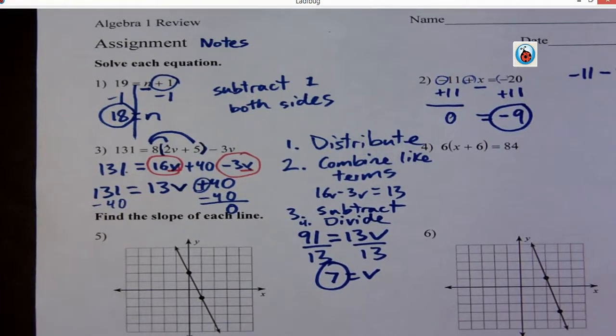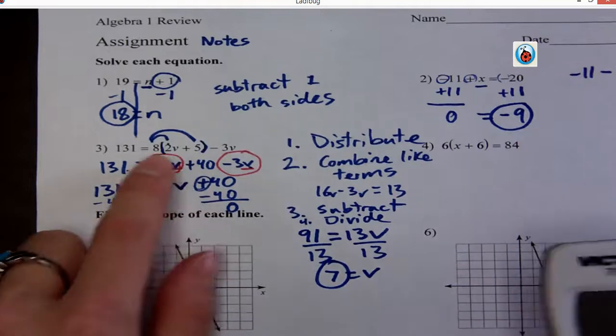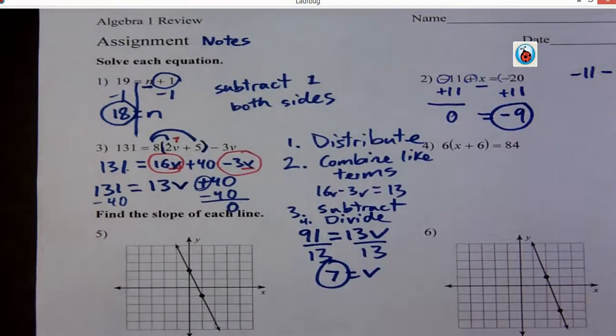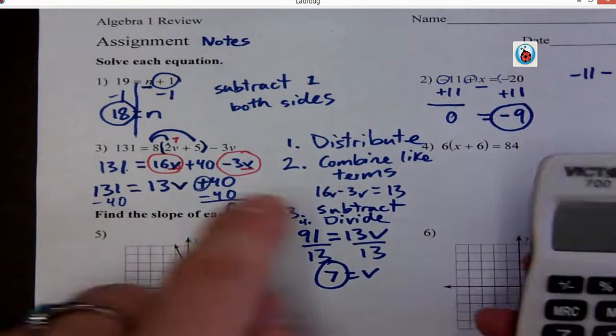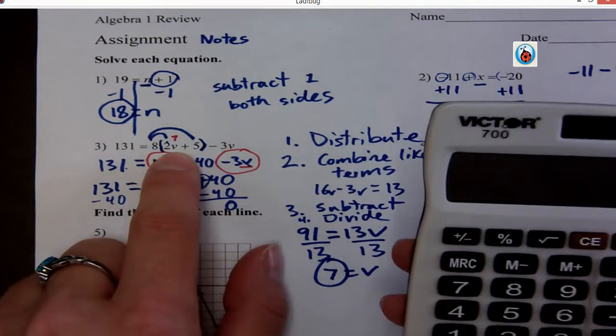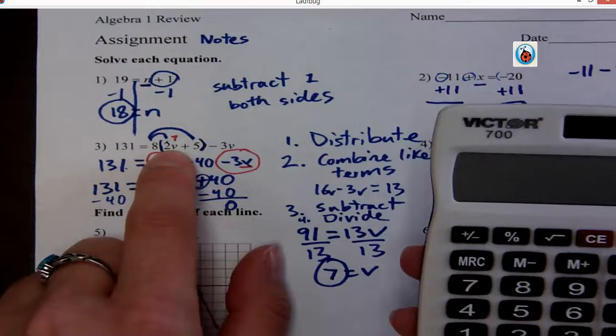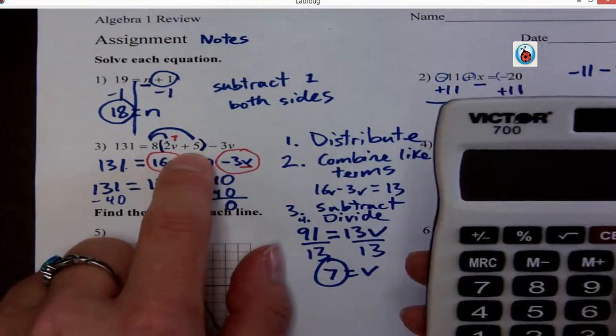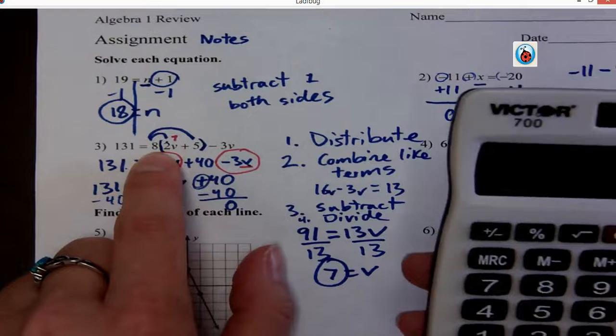If you want to check that, you would just plug the 7 back in here. And so in the big graphing calculators, you can do the whole thing. Here we're going to have to work it out. So we do 2 times 7 is 14 plus 5. So it's 19, and then we multiply it times 8.